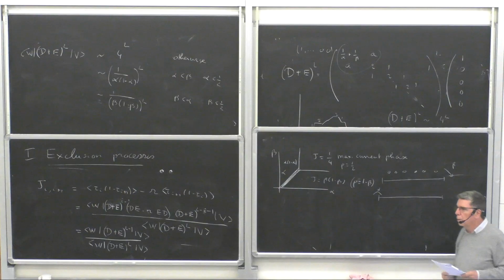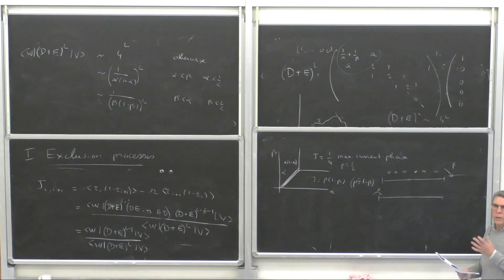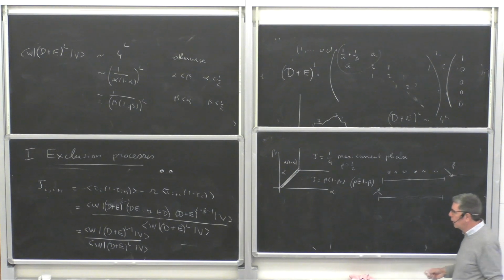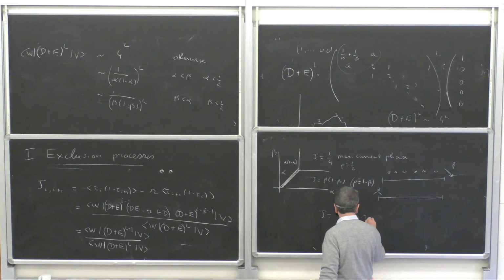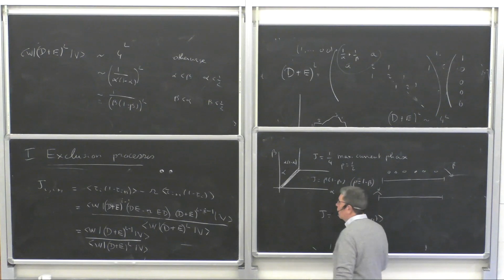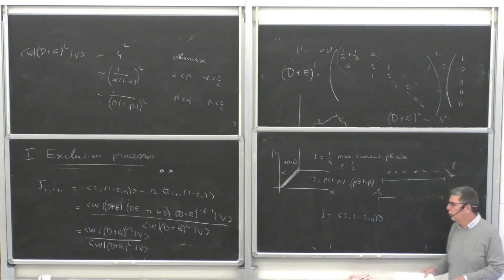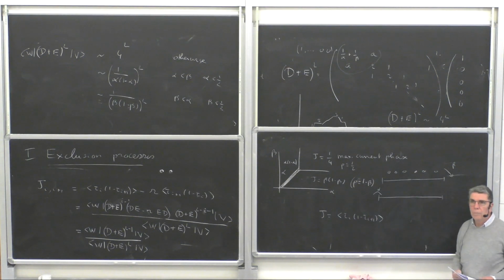Okay, this was just trying to illustrate. You can compute many things. There is a calculation, if people are interested in an exercise: the true current in the steady state is given by this quantity. And as I said, this is a complicated thing.